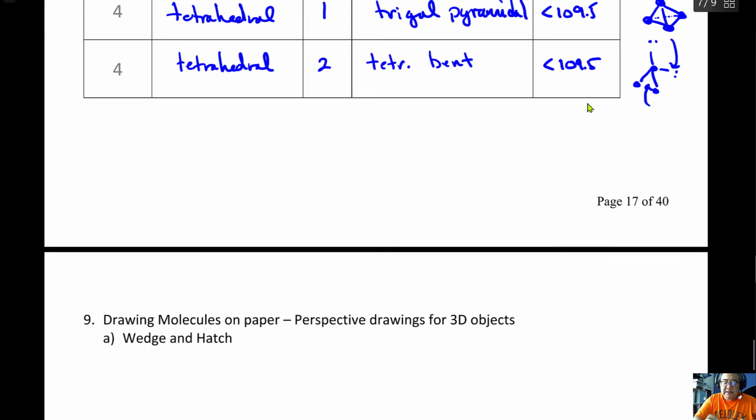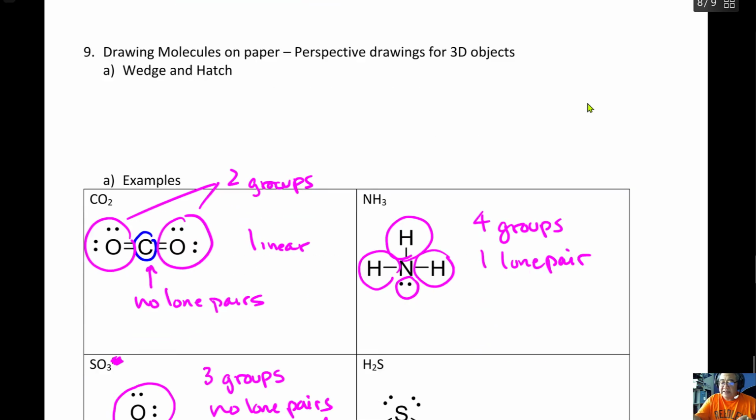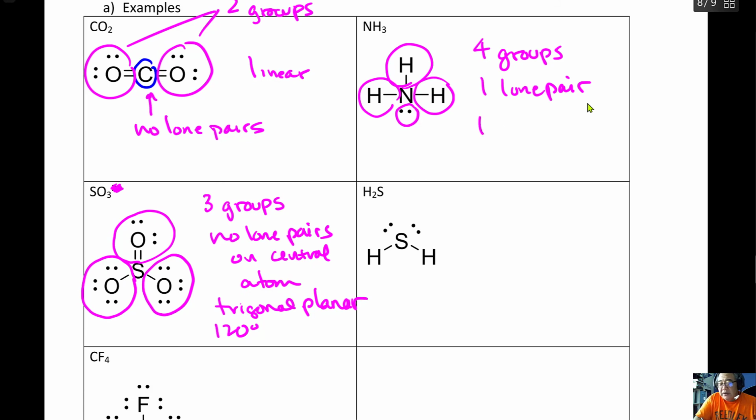Right, and again, this takes you back. 4 groups would be tetrahedral. 1 lone pair would be trigonal pyramidal. That's the shape. So it's still tetrahedral electron geometry, but the shape of the molecule, the molecular geometry, is trigonal pyramidal. Or it's a trigonal pyramid if you want to stick with the noun.